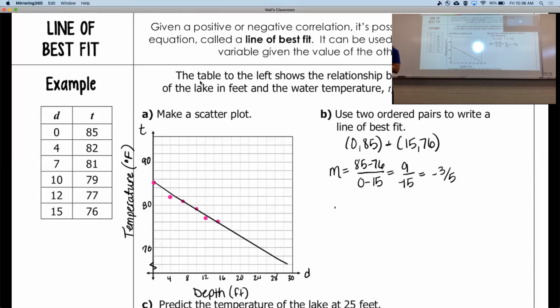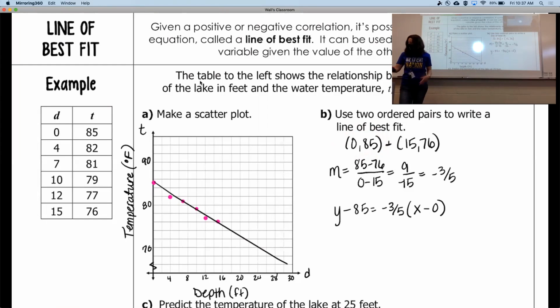We're going to go y minus, and let's just use that first point there. So we're going to go y minus 85 equals negative 3/5, and then x minus 0.